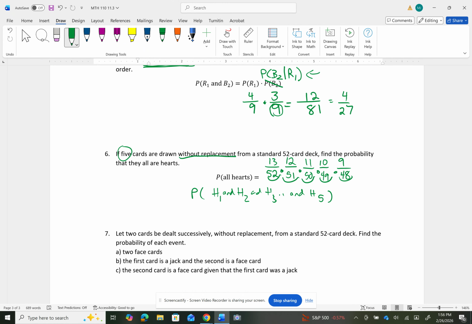I'm trying to type in 13 over 52 as a fraction just to see what it does. Yeah, it turns out to just give it to me as a decimal no matter what. And the decimal I get is 0.000495198.